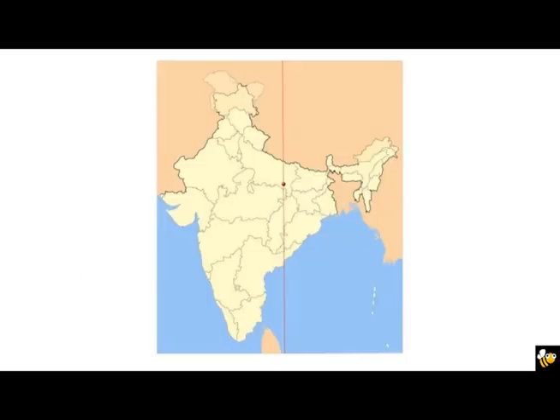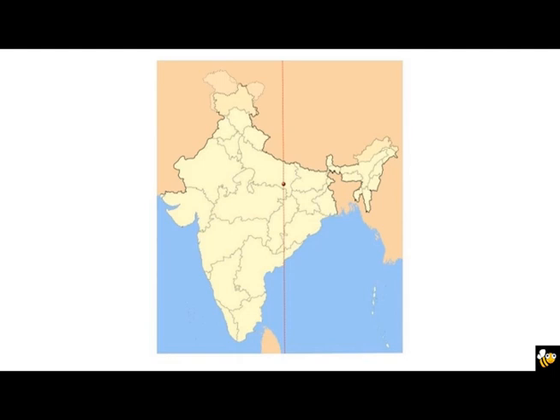Now, there are different types of time, local time and standard time. What is this? See, there is a huge difference between the east point of India and the west point of India.